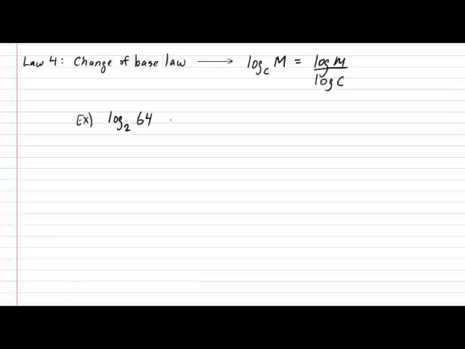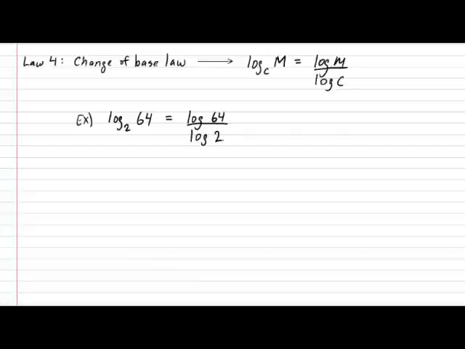But if you were to use your calculators, this would be very difficult to punch in, because by default, the log button on most calculators is programmed with base 10 and not with base 2. But using the change of base law, this allows you to use your default log button and simply punch in log of 64 divided by log of 2.